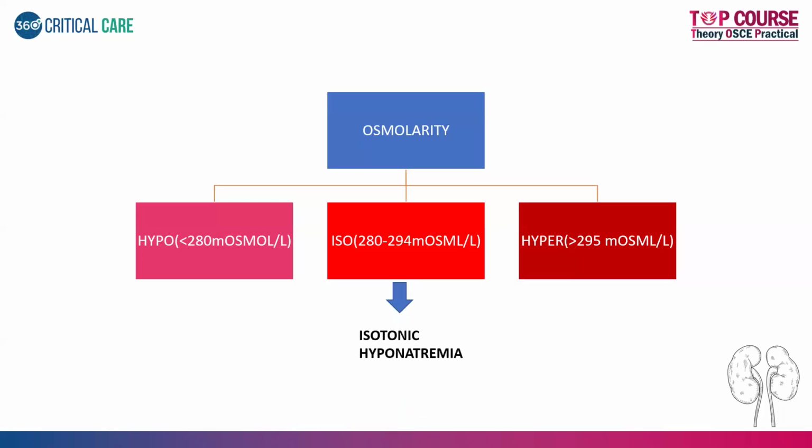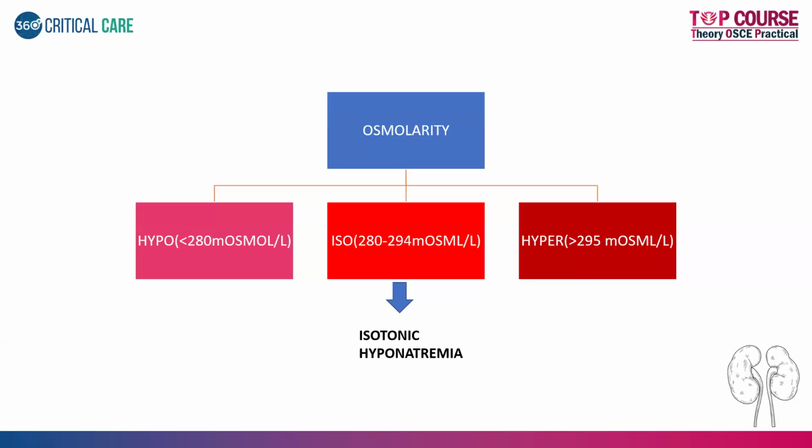Tonicity usually refers to all the molecules which are present in a solution. They may be osmotically active or they may be osmotically inactive, but they contribute to the movement of water from one compartment to the other compartment through a semi-permeable membrane.